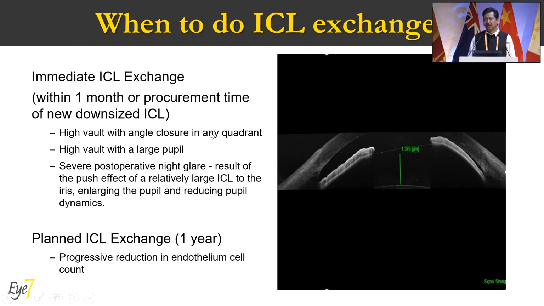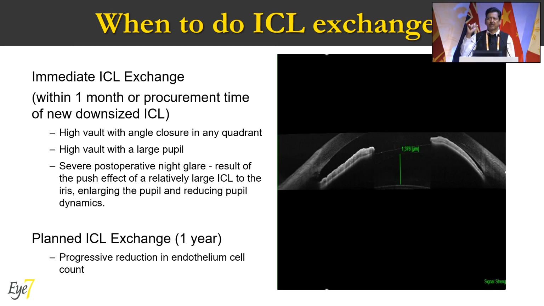High vault with a large pupil. Now what is so special about a large pupil? When the vault is high, it's pushing the iris forward. It could be enlarging the pupil. The contact between the iris and the ICL is strong. And if the pupil gets enlarged, its contractibility also reduces.